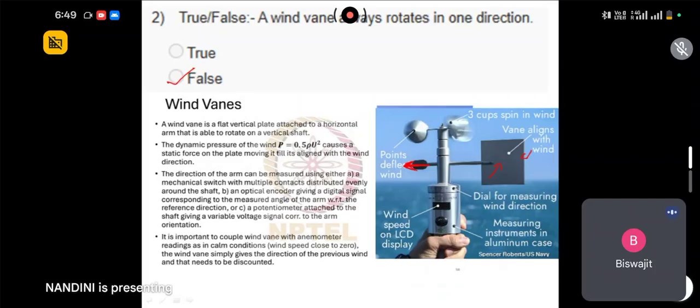The unit will be Newton per meter square if we equate it. It basically gives you the pressure. Force per unit area is pressure, right? Force into distance is energy, work done. Force by area gives you the pressure into distance.